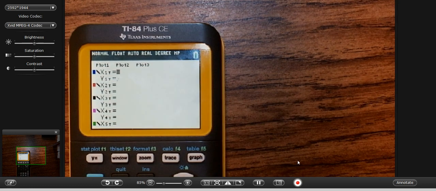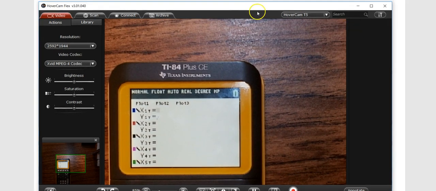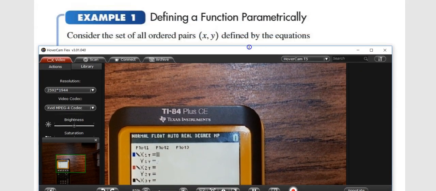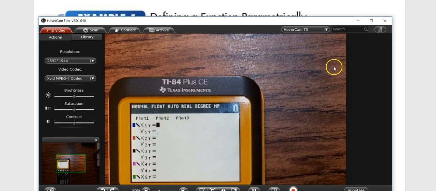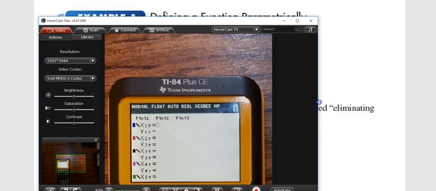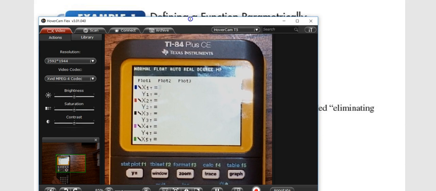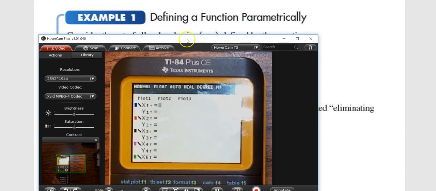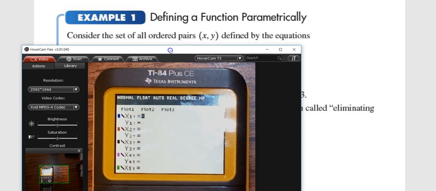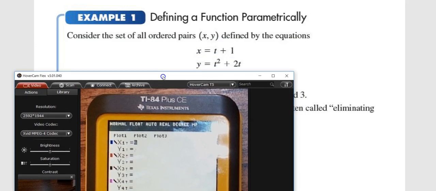Lots of t. So x, we want that to be t plus 1.